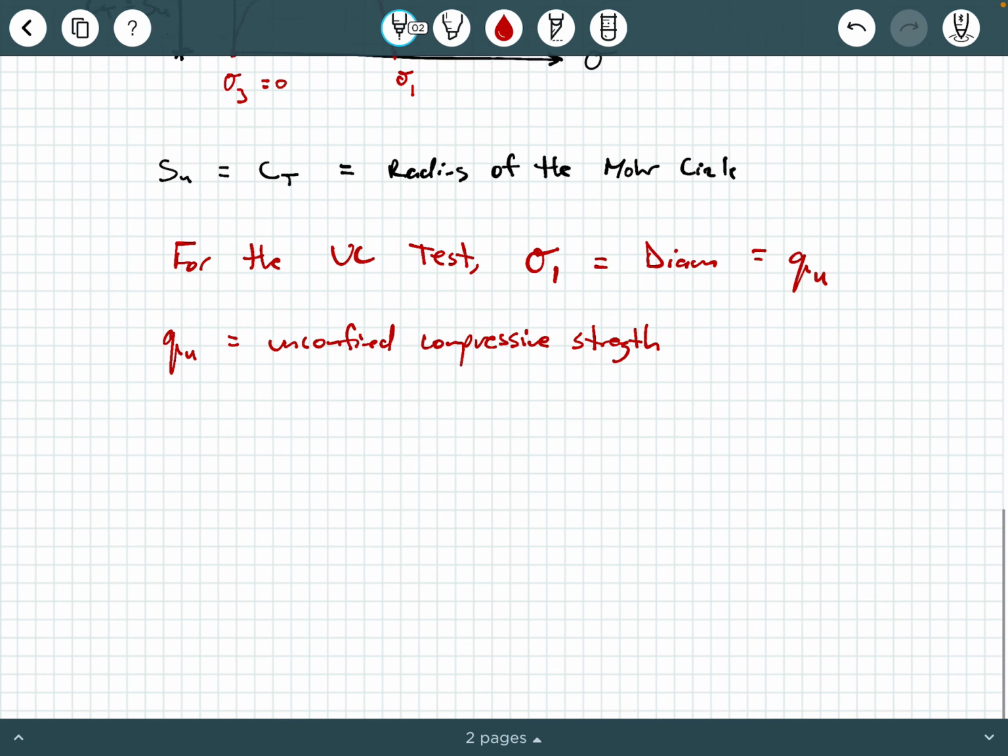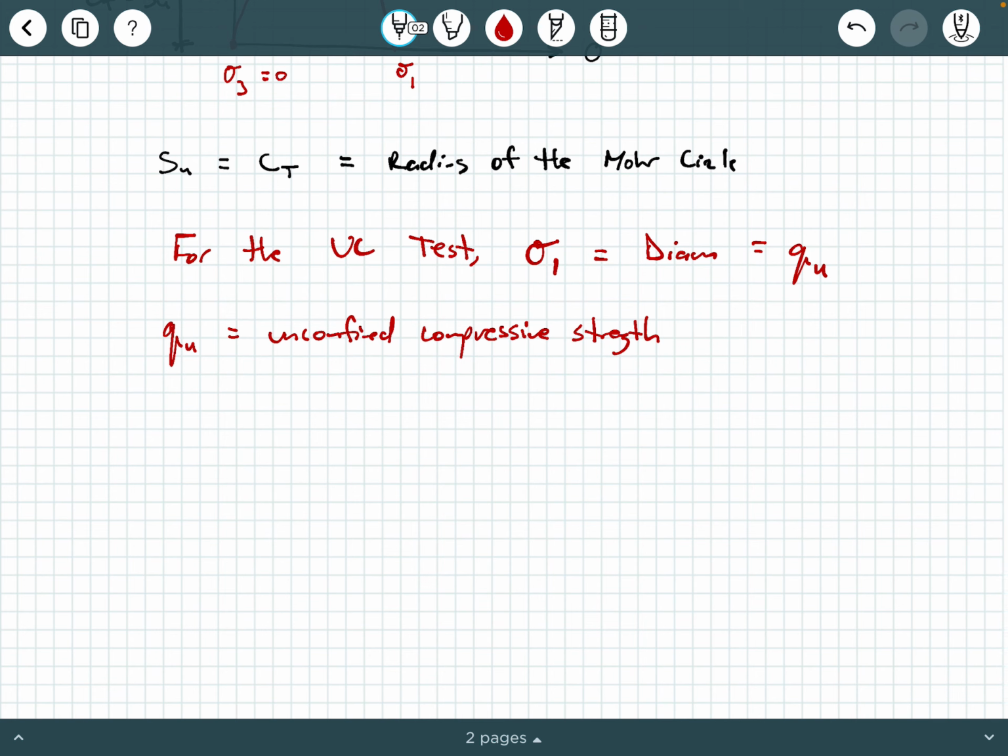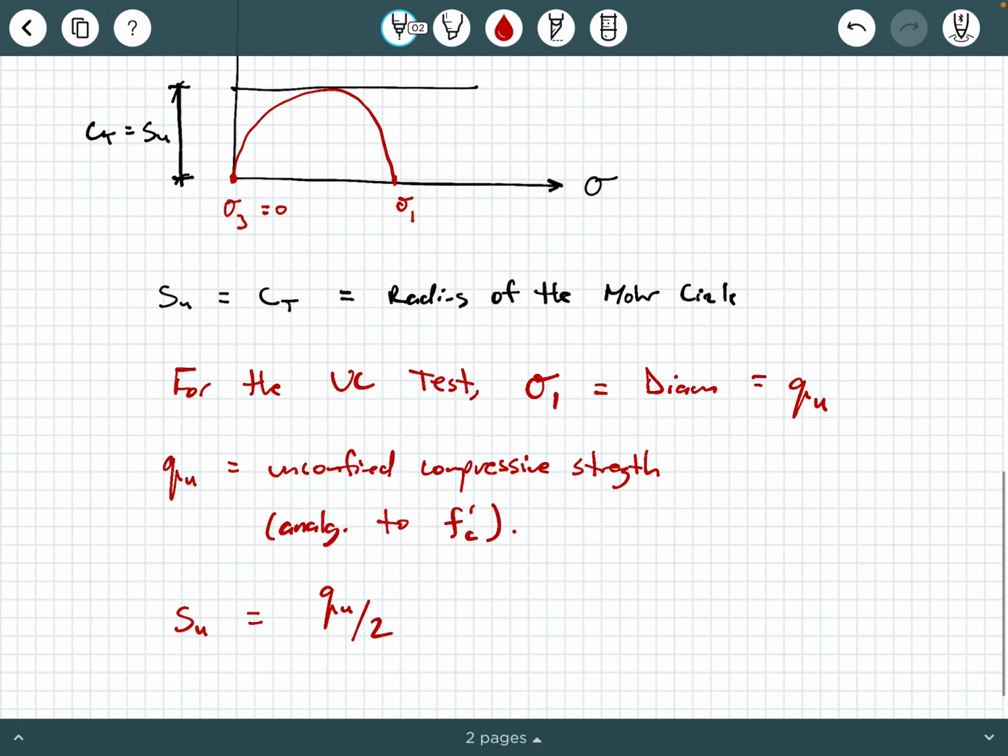Now, what is the unconfined compressive strength analogous to from what you studied before? We'll make a little note here. This is analogous to f prime c in concrete specimen testing. And so it turns out that your S sub U is equal to Q sub U divided by 2, of course, because the diameter of a Mohr circle for an unconfined compression test is the unconfined compressive strength, and then half of that is your undrained shear strength.